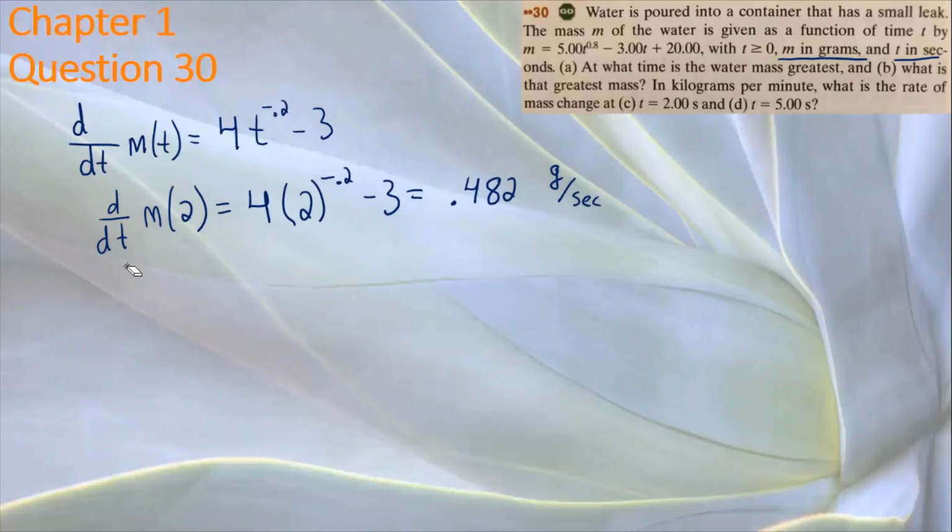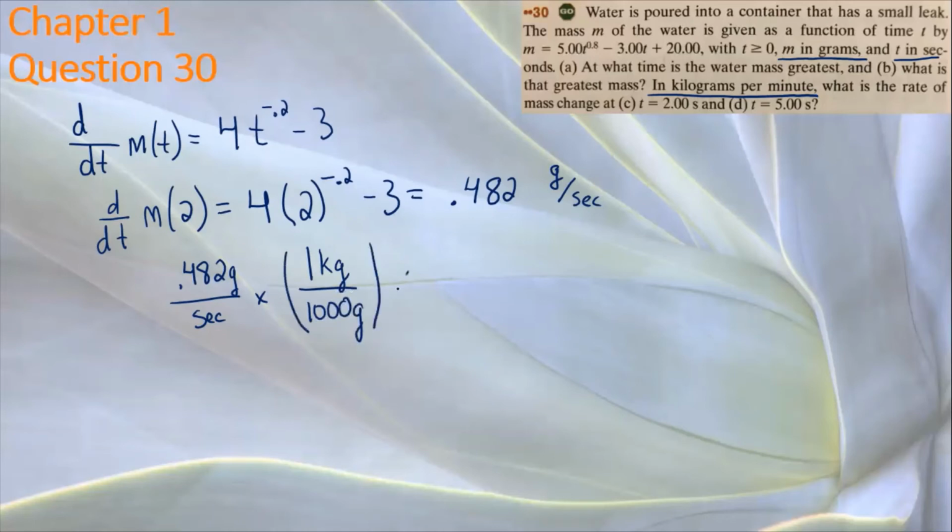So we want to convert this number into kilograms per minute, which is the unit that they're asking for. So we know that 1 kilogram equals 1,000 grams. So we use the first conversion factor, 1 kilogram over 1,000 grams. And we know that there are 60 seconds in 1 minute.